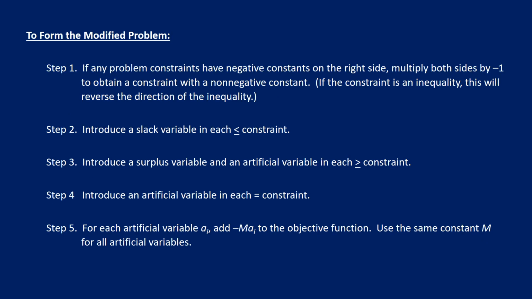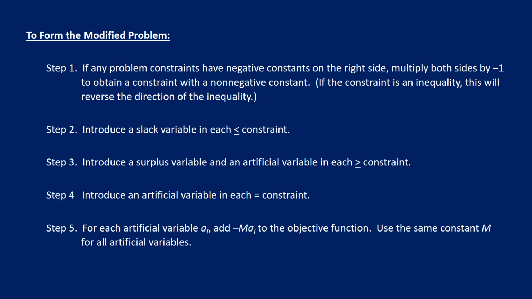To form the modified problem, we first make sure that all problem constraints have non-negative constants on the right side. If there's a negative constant, we multiply both sides by -1, and if it's an inequality, that's going to reverse the direction of the inequality. If we have a less than or equal constraint, we're going to add a slack variable.